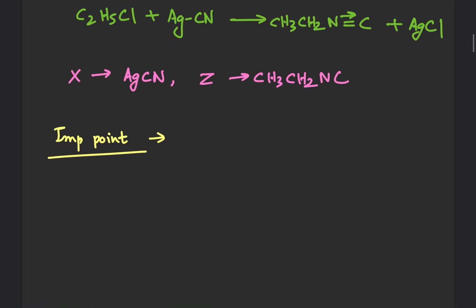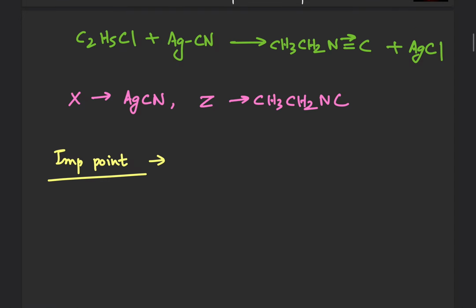Okay, there is one important point to consider here. Had we used KCN instead of AgCN, so you can see here we are using AgCN. Had we used KCN instead of AgCN with obviously C2H5Cl, we would have got CH3CH2C triple bond N. So I will write it down separately.